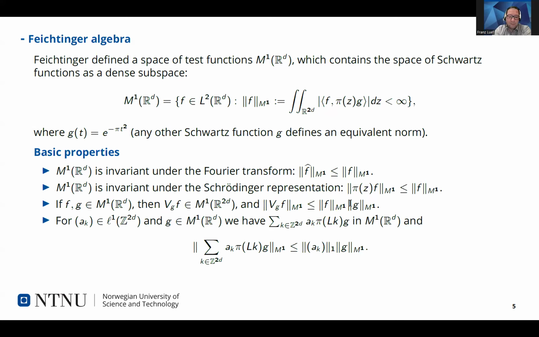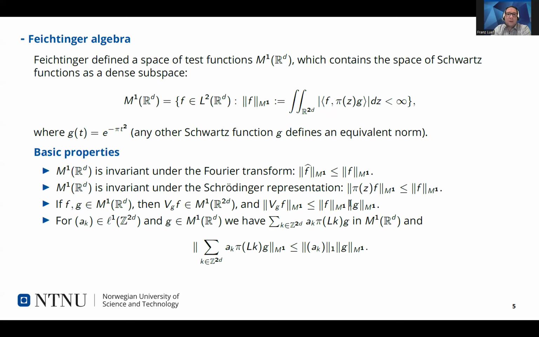Rieffel used the Schwartz space, which is of course fine, but here I want to use a Banach space, what's called Feichtinger's algebra M^1 of R^d.